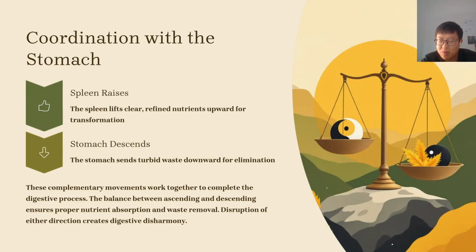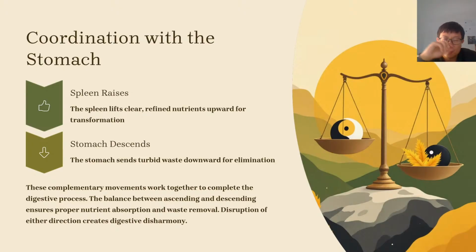So like I said before, the stomach is like one important employee to the spleen, right? So they need to work together, right? You cannot run a company with just a boss, right? You must need the employees. They need to work together to complete the job.